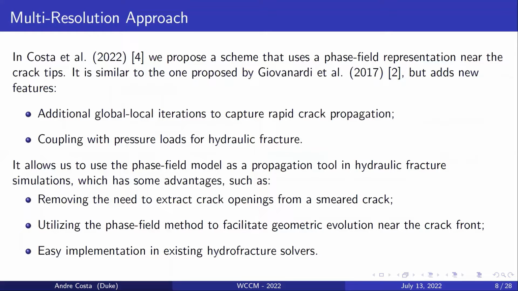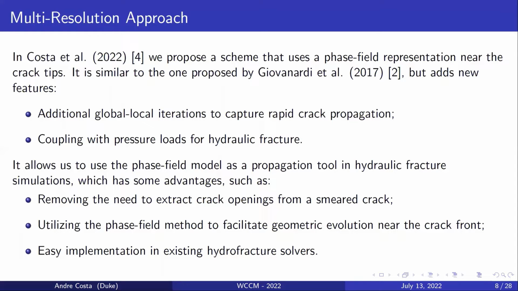The approach that we present today, which we recently submitted to the International Journal of Fracture, extends the idea of a hybrid approach to hydraulic fracture. It uses the phase field method in subdomains around the crack tip, similarly to the work of Giovanardi et al., but for improved accuracy, in the cases of rapid crack propagation, we also add additional global-local iterations.